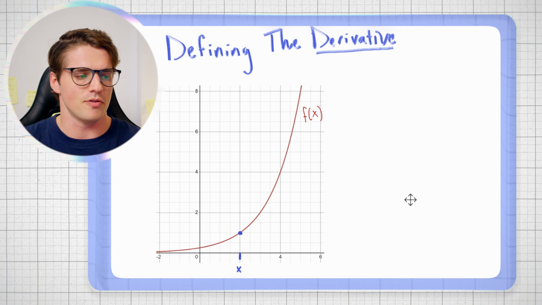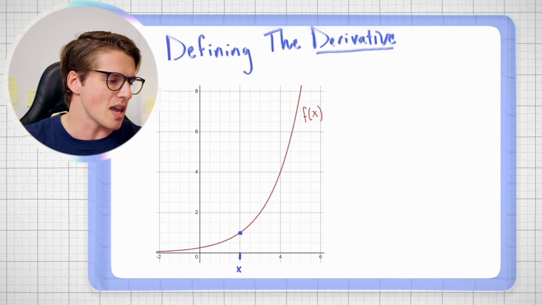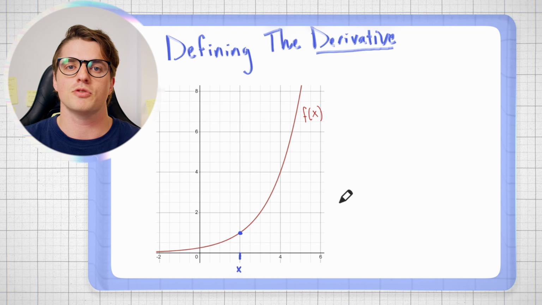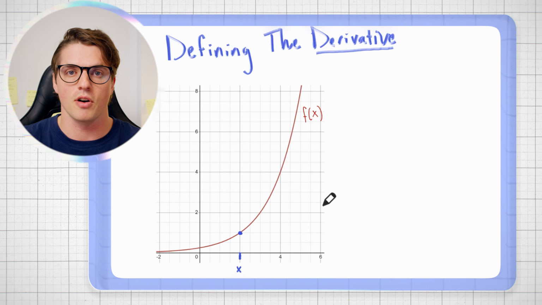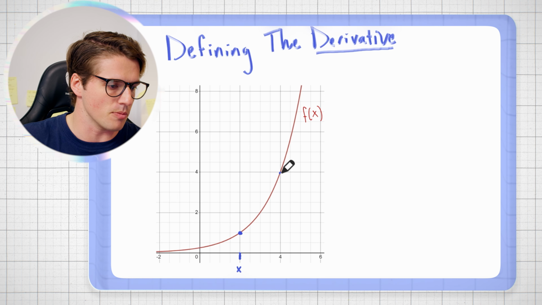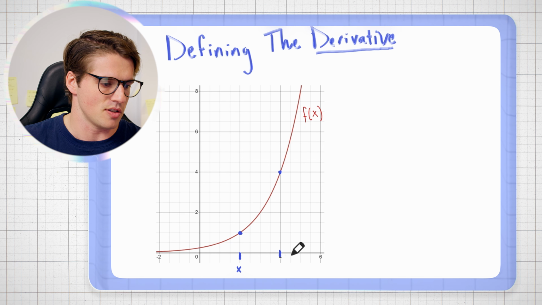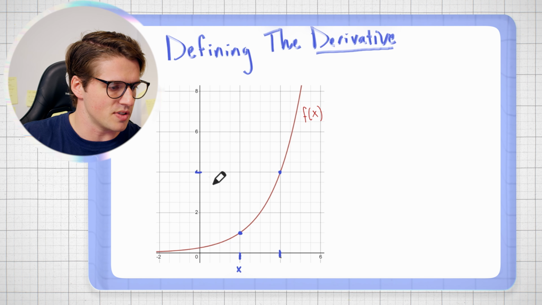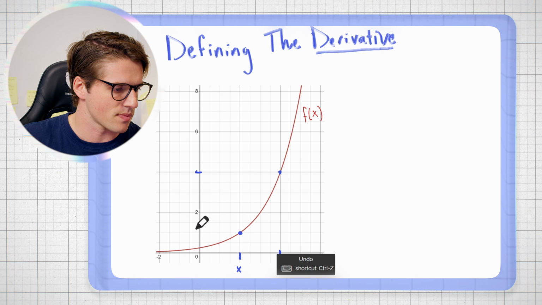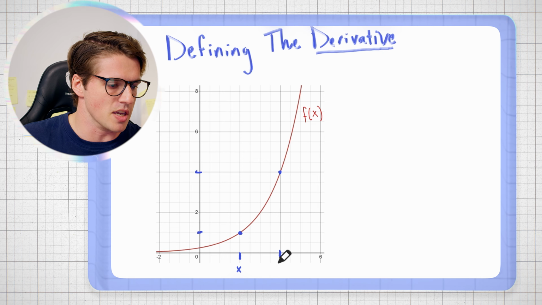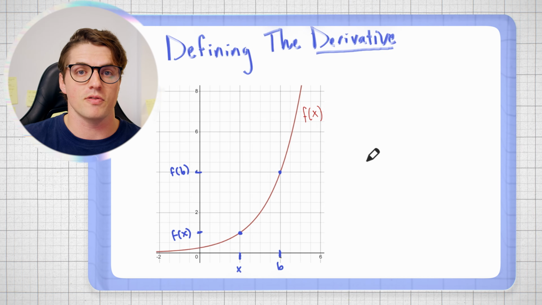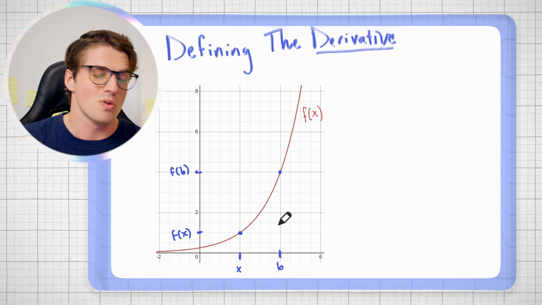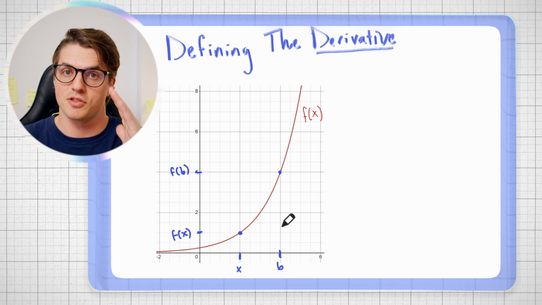So here we've got a graph of a function f of x. In our first video, we were talking about this concept. If we were to find the slope of this graph over 2 points, say this was point b, this would be f of b, and this would be f of x. The slope of the line between these 2 points, we'd call the secant line because it touches in 2 points.